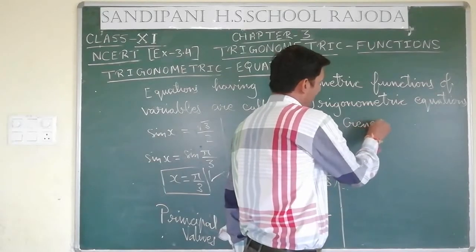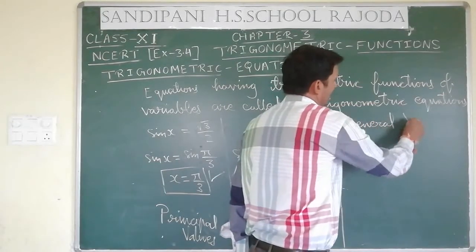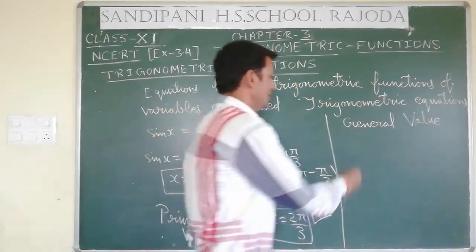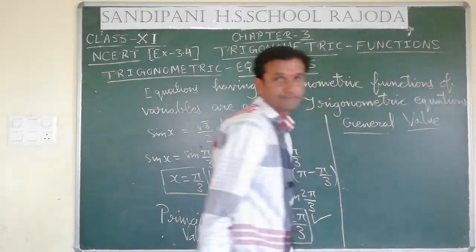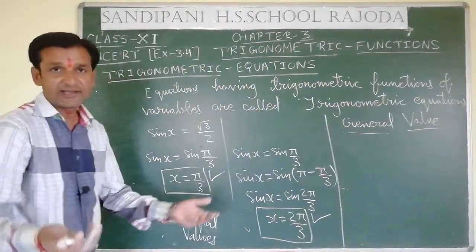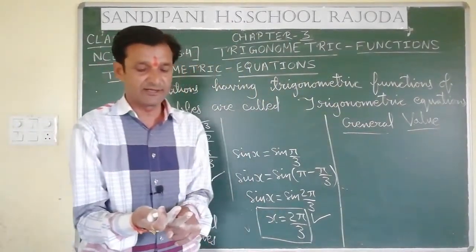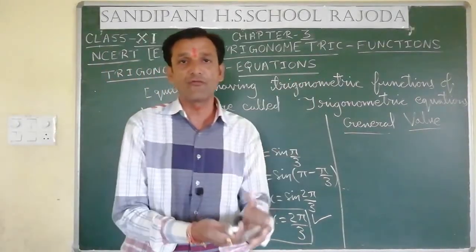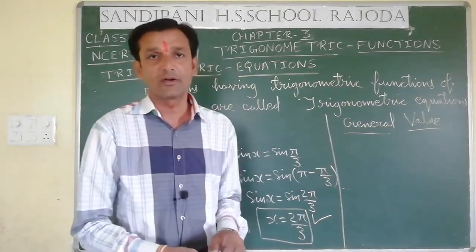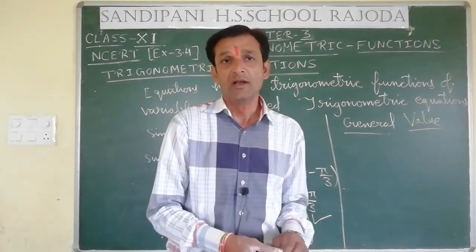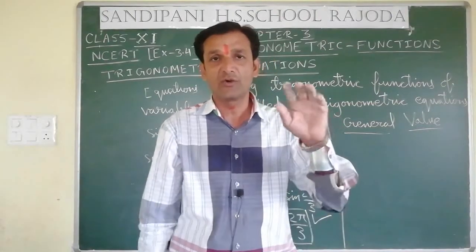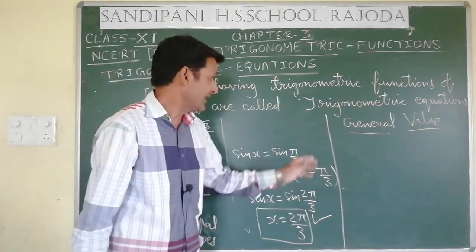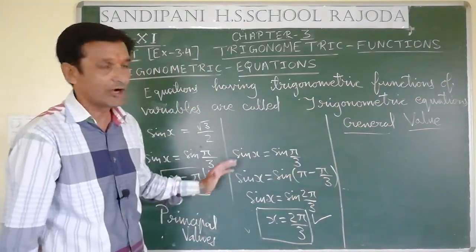For the general value I want to tell you some formulae. For the principal value, it is very simple. If in all the quadrants we want to find the values, you know all the concepts related to those values, like All Students Take Coffee, and we have to find the values in the first quadrant, second quadrant, third quadrant, fourth quadrant.